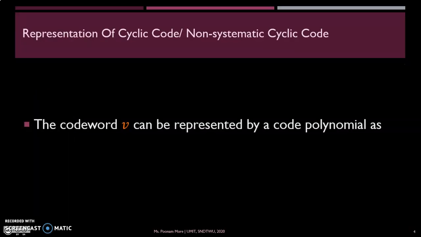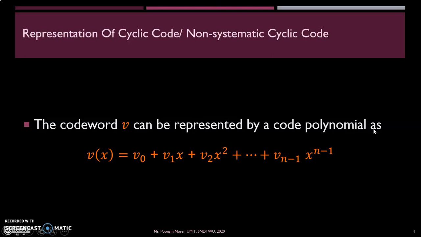The representation of the non-systematic cyclic code in the form of a polynomial is given as shown here. Basically we write the values of these vectors in the polynomial form of x with rising powers of x.